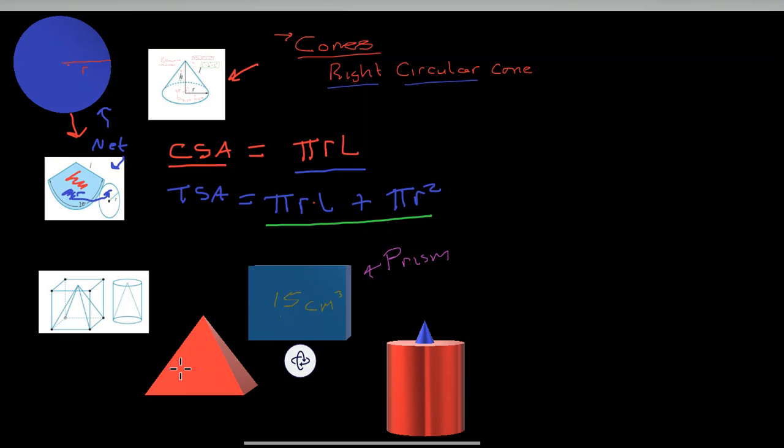So it's going to be equal to 5 centimeters cubed. So basically the volume of this would be 1/3 the volume of the prism that it is fitted into.